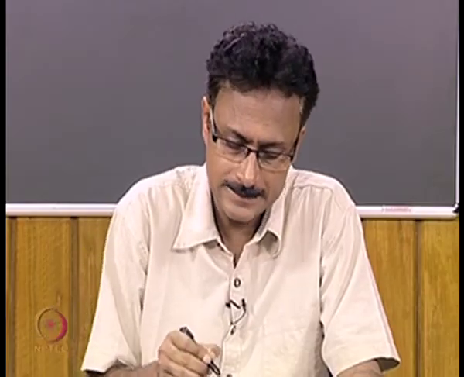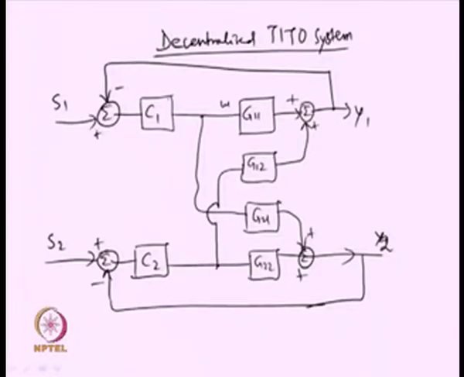So, these decentralized controllers C1 and C2 will result in different type of transfer function models.